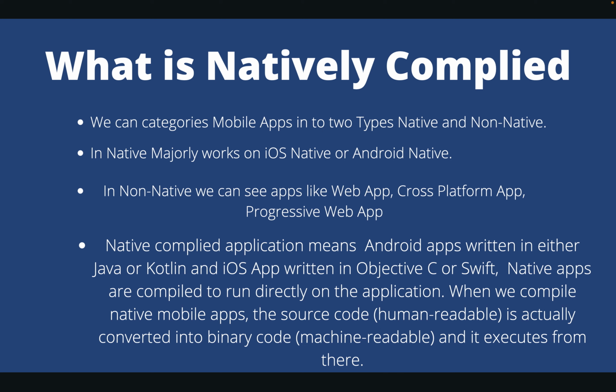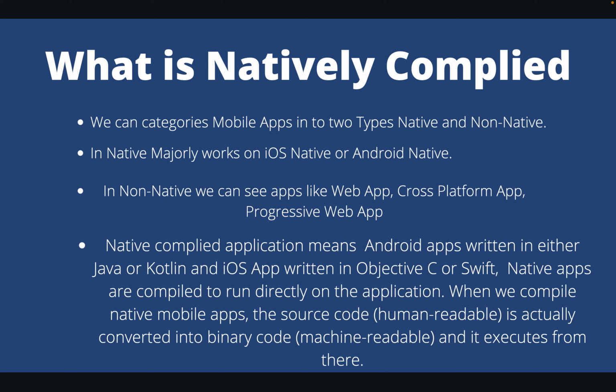So what is the meaning of a natively compiled application? Natively compiled applications means the Android app which is developed currently in Java or Kotlin, or the iOS application which is written in Objective-C or Swift. So basically native apps compile their apps directly onto the platform.